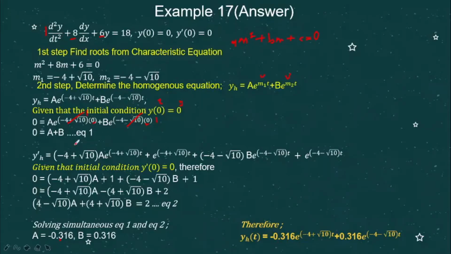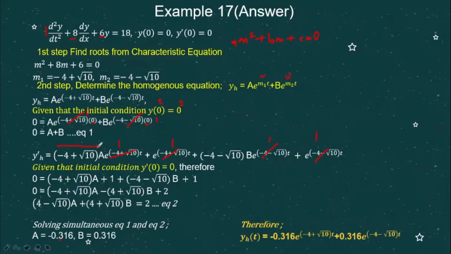And then we have to find yh prime. We get yh prime by differentiating the homogeneous equation from here using the product rule. After we have this equation, we use the initial condition where y'(0) equal to 0. So when t is equal to 0, we know that the exponential e to the 0 is equal to 1, and this is 1, this is 1, and this is 1.